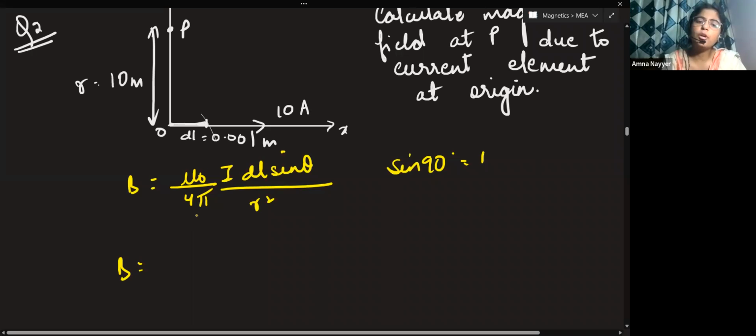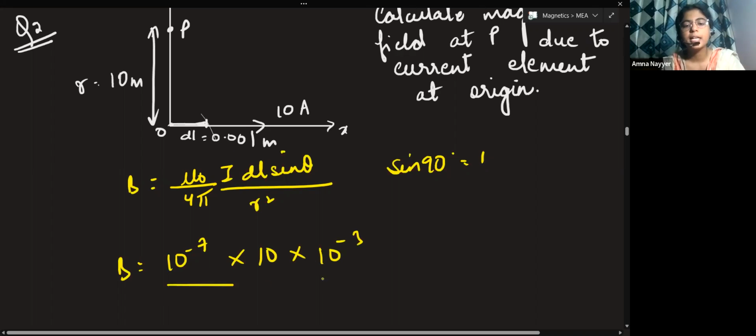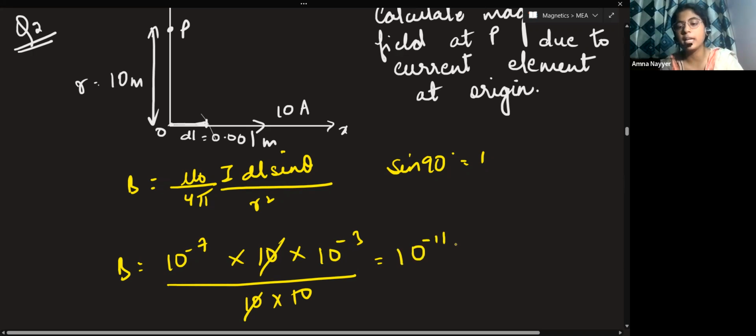Mu naught by 4 pi is what? This is equal to 10 to the power minus 7. Current is 10. dl is 10 to the power minus 3, divided by what is r square? This is 10 into 10. So 10 gets cancelled. 10 to the power minus 3. This becomes 10 to the power minus 10. And again 10 to the power minus 1. That becomes 10 to the power minus 11 K. This was the answer.